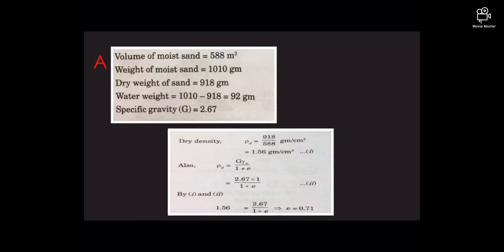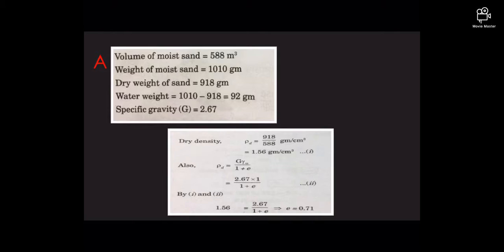So, volume of moist sand is given as 588. Weight of moist sand is given as 1010 gram. Then dry weight of the sand is given as 918 gram. Water weight is the total weight of moist sand minus the dry weight of the sand, which is 1010 minus 918, which is equal to 92 grams. Then specific gravity G is 2.67, it's given.